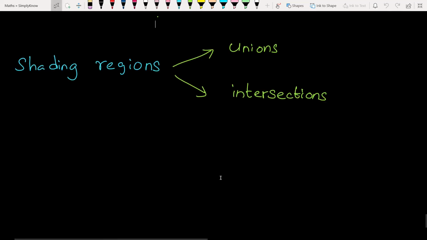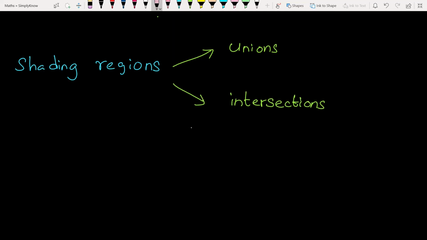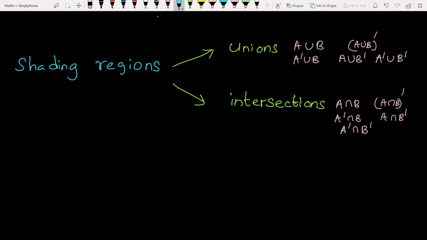Okay, let me give you a quick summary. In this video, we learned how to shade regions in a Venn diagram. So we learned how to shade unions, also intersections. So in this video, we learned how to shade regions related to two sets. And remember, when it comes to shading unions, you need to take everything that you shaded to your answer.